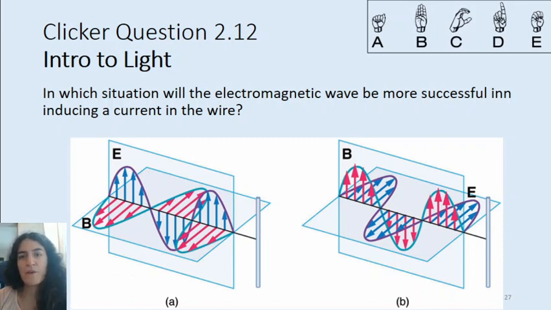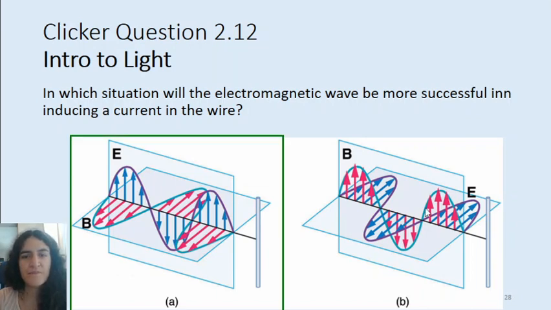Hopefully you've noticed that in the picture on the left, the electric field is lined up with the antenna, whereas here the magnetic field is lined up with the antenna. Does that help you narrow down which electromagnetic wave would induce a current? Hopefully you've decided that A is the right answer, right?